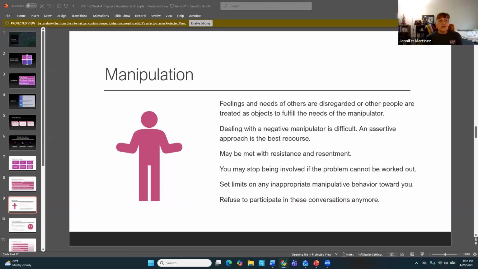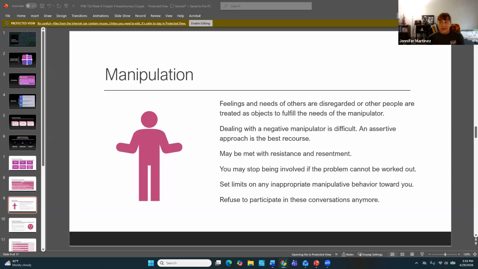And so, the best thing that you can do is be assertive with that client. You want to make sure that you are setting limits with them. They often are going to be very resistant. They may even become resentful towards you. And if you can't work out the problem with the manipulator, then you may have to stop being involved with them.